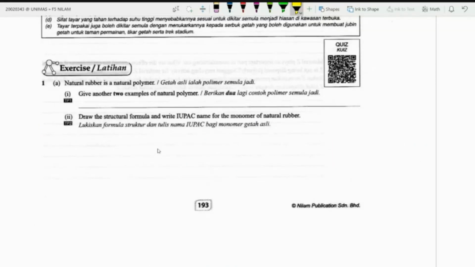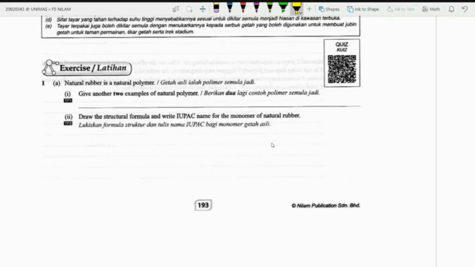A1. Give another two examples of natural polymers that you know or you find out. You type out your answer. What natural polymers have you found? Protein, starch, cotton.